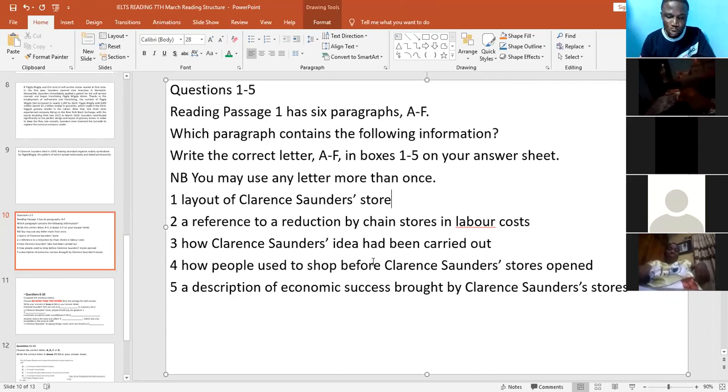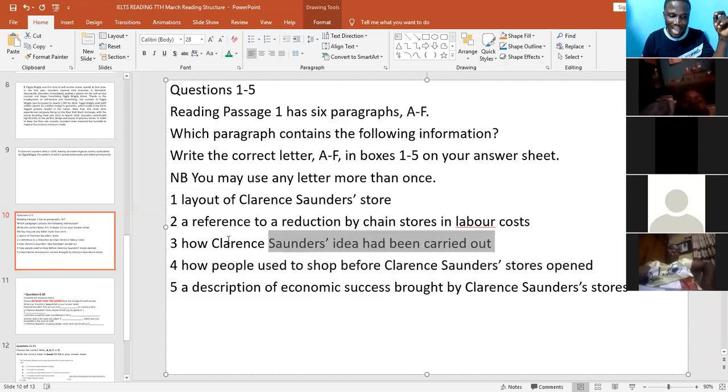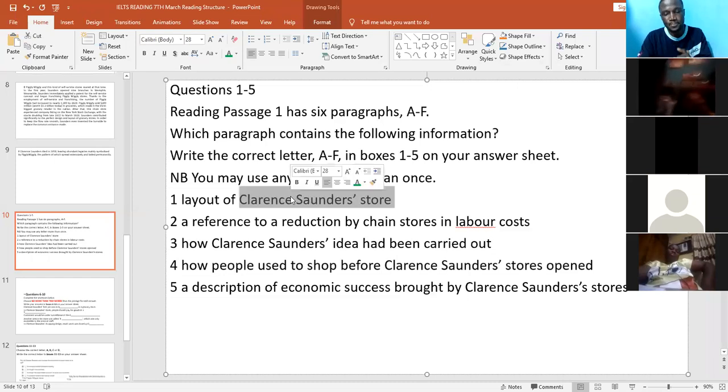So how people used to shop before, I have said that could be in paragraph A, because it describes what the shopping was like before Clarence. Now they've given us Clarence Sanders' store. So it's clear now that this A will be answering question 4, and possibly C will be answering question 3 and question 1.